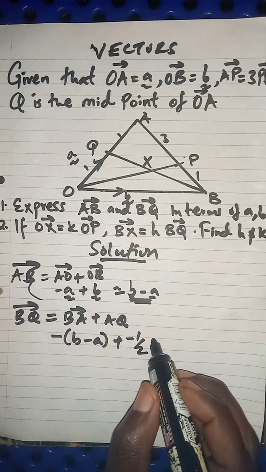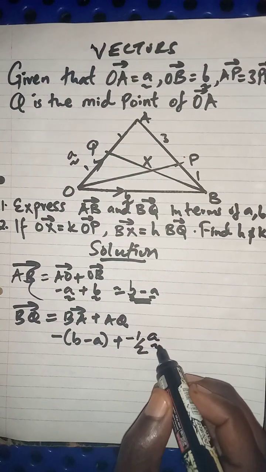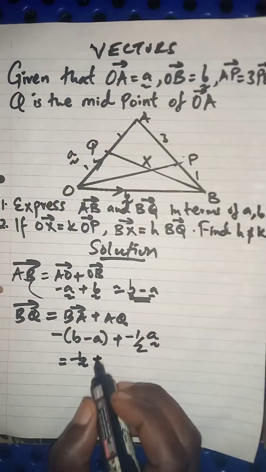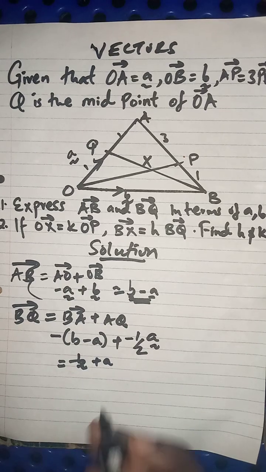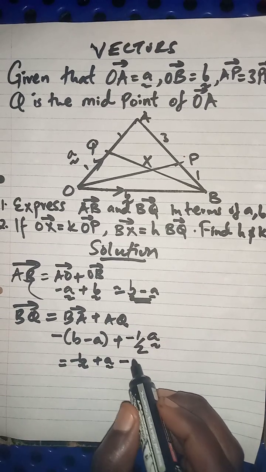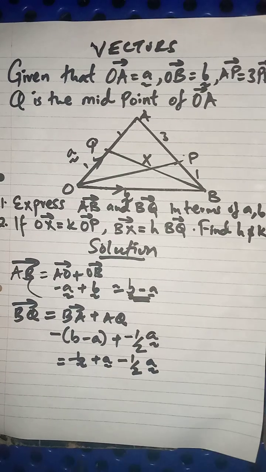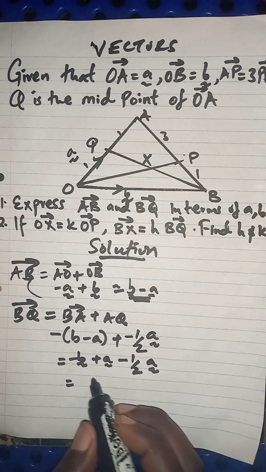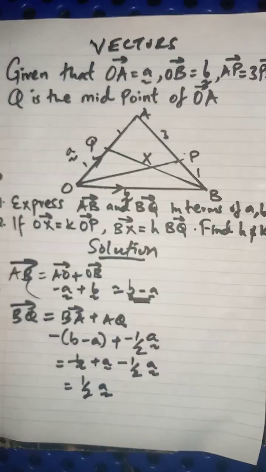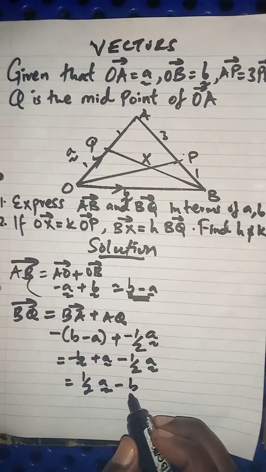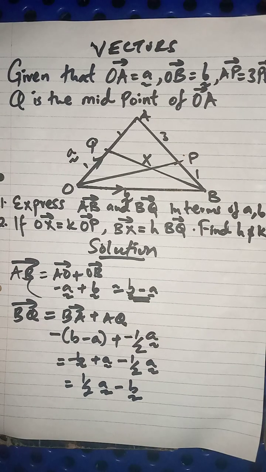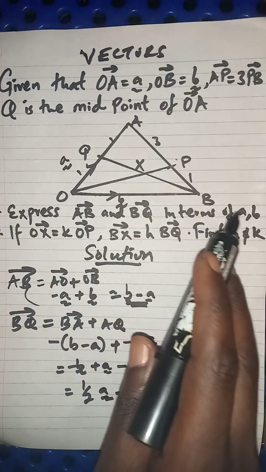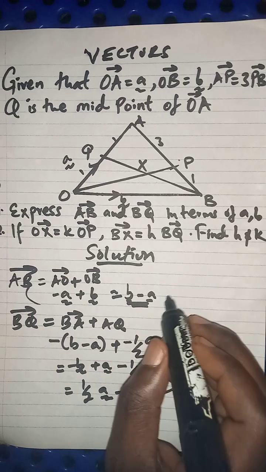Solving this further, I'm going to get negative B plus A plus vector A, then minus a half of A. Collecting like terms, I'm going to get a half of vector A minus vector B as the vector BQ in terms of small a and small b. So you're able to see it very clearly.